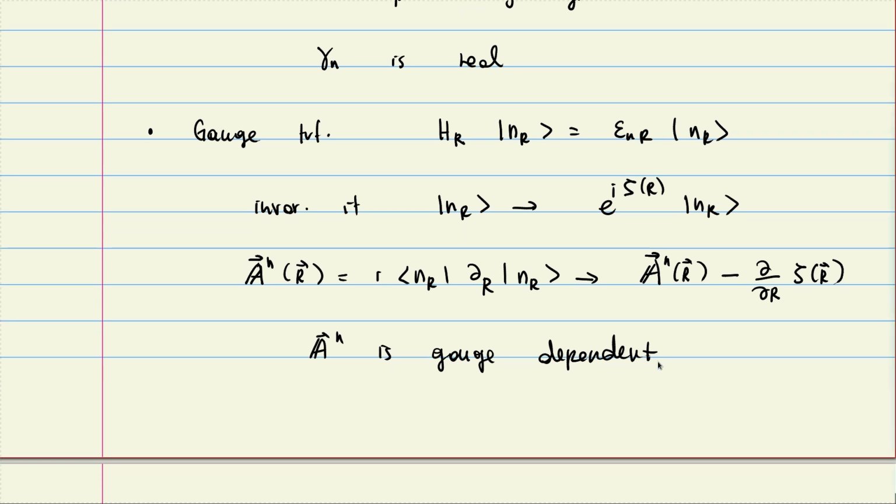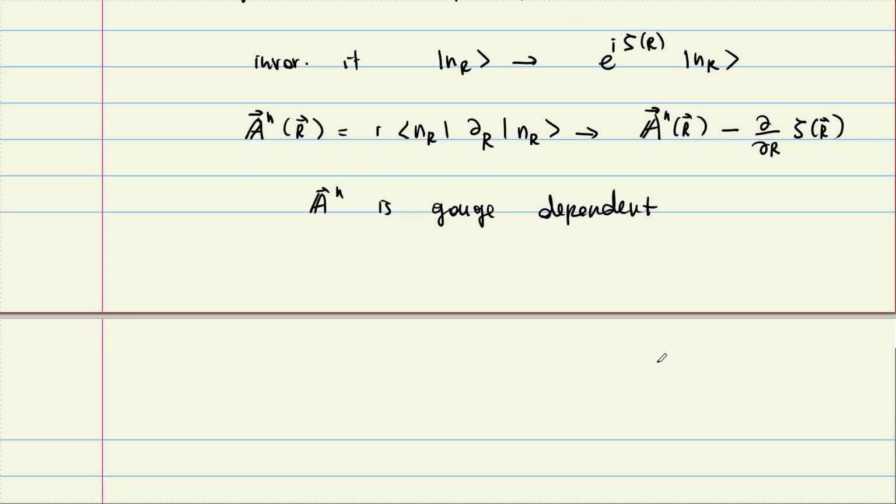But this gamma n, which we defined in the loop, let's also look at that. Gamma n, which is equal to the closed loop integral of dR dot A n of R, is going to go to, right, there are two terms.